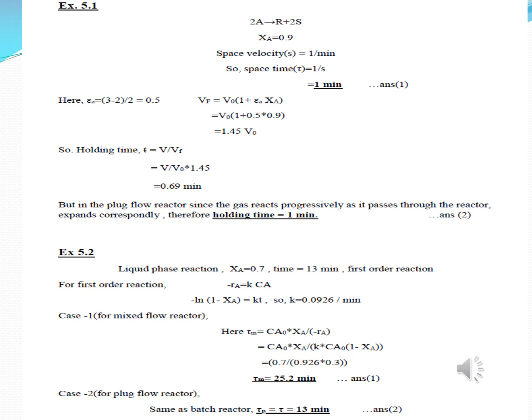We put in the values of k and the conversion, and we get the space time equal to 25.2 minutes. And for the plug flow reactor, you don't need to solve the integration, it has the same space time as that of the batch reactor, which was already given as 13 minutes.